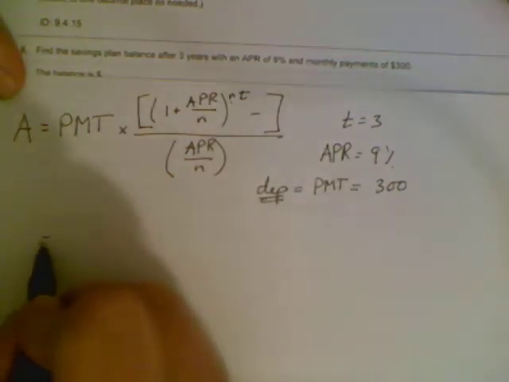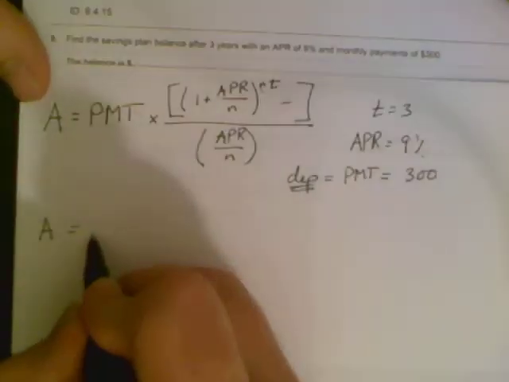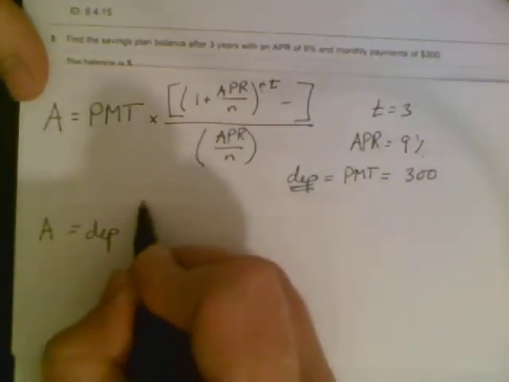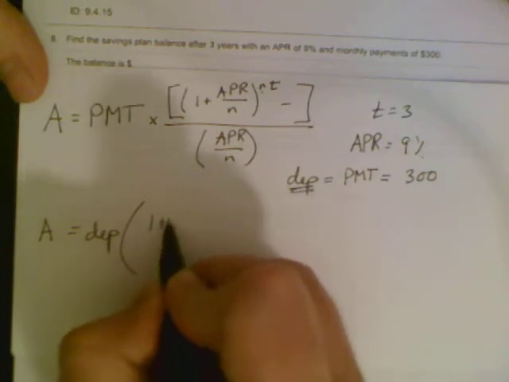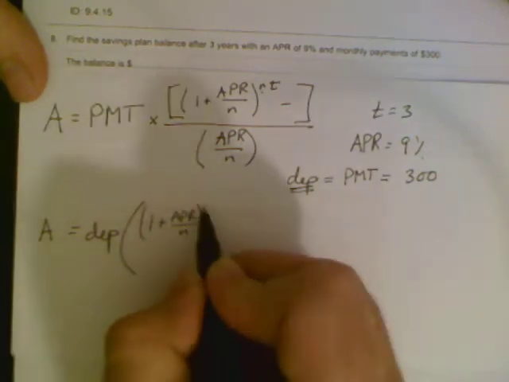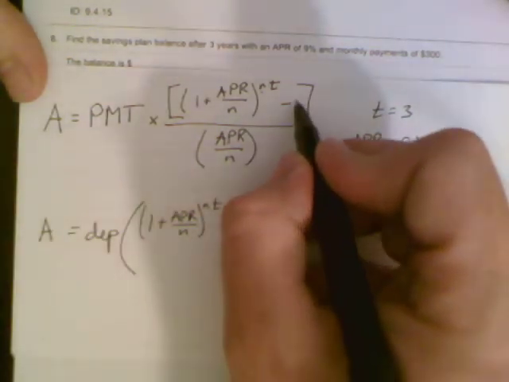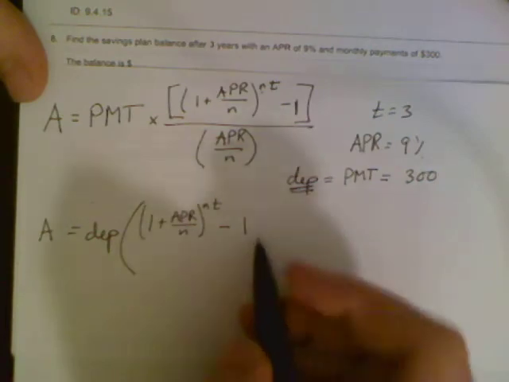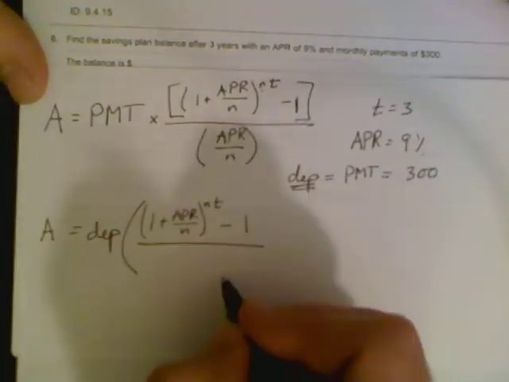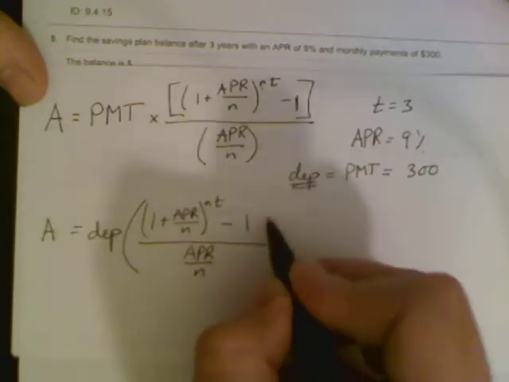So what we're going to do here is change this formula. A is equal to the deposit that we make multiplied by 1 plus APR divided by n to the power of nt, minus, I'm sorry, there's supposed to be a 1 right here, minus 1. That's all on top, divided by APR divided by n, that's all on bottom.